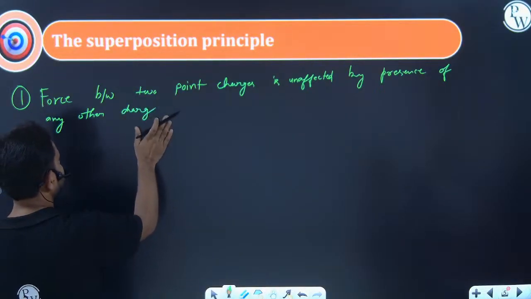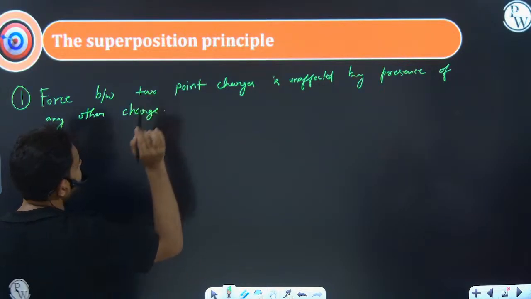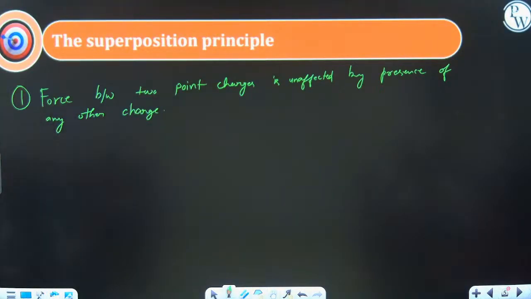Okay, by presence of any other charge, it is unaffected. What does it mean? It means the force between two charges is always given by Coulomb's law.